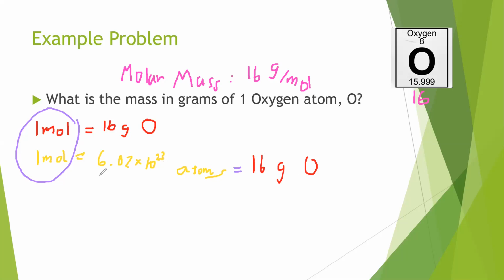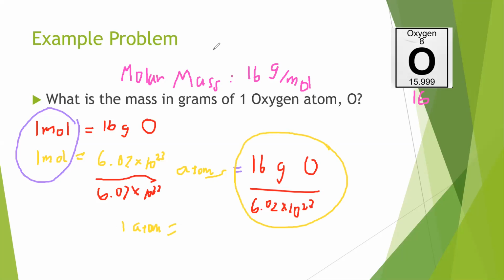So now we can divide both sides by 6.02 times 10 to the 23rd. And we'll be left with 1 atom equals this number.